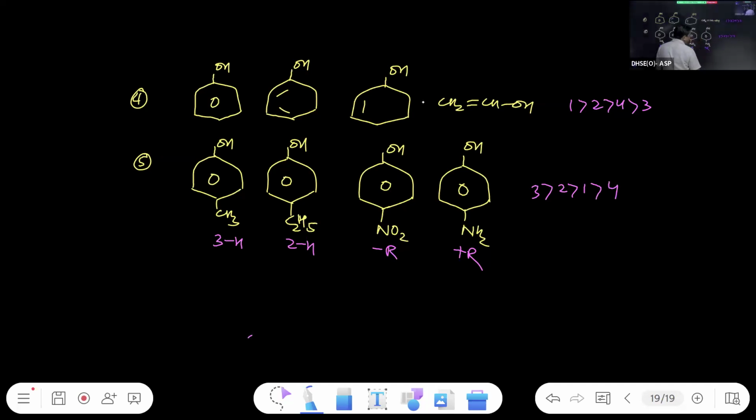So next is esterification. Esterification will be shown by both alcohol and phenol.